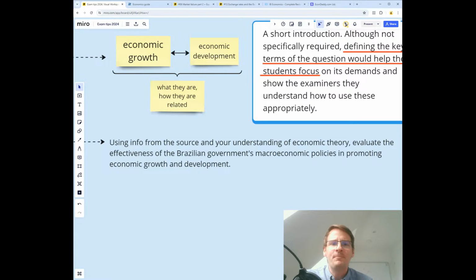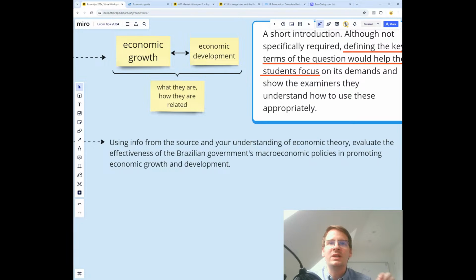So please very carefully read the question to make sure you understand what you have to do. If the question was something like evaluate the effectiveness of the possible macroeconomic policies that the government could use, then of course you can come up with your own policies.